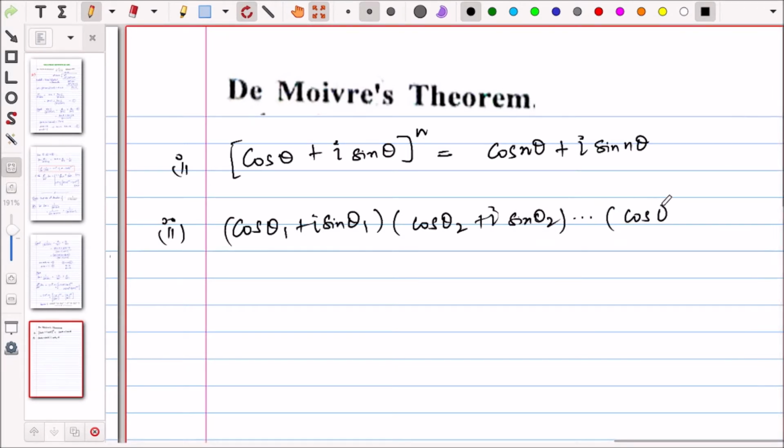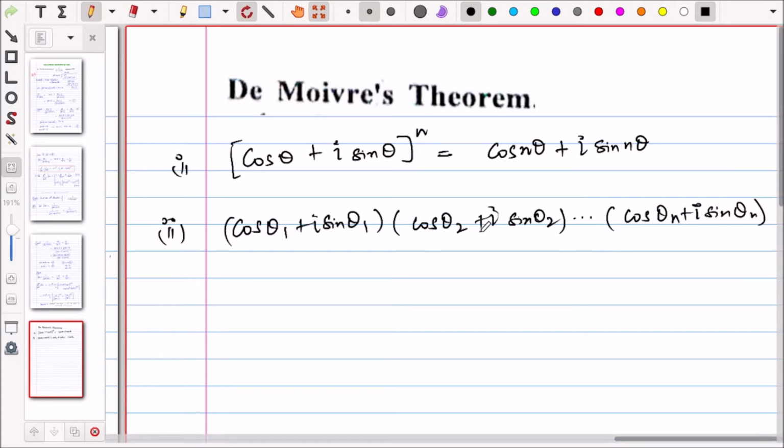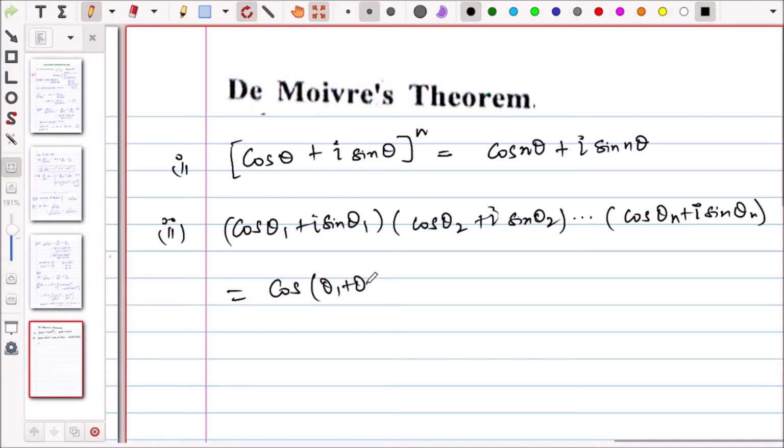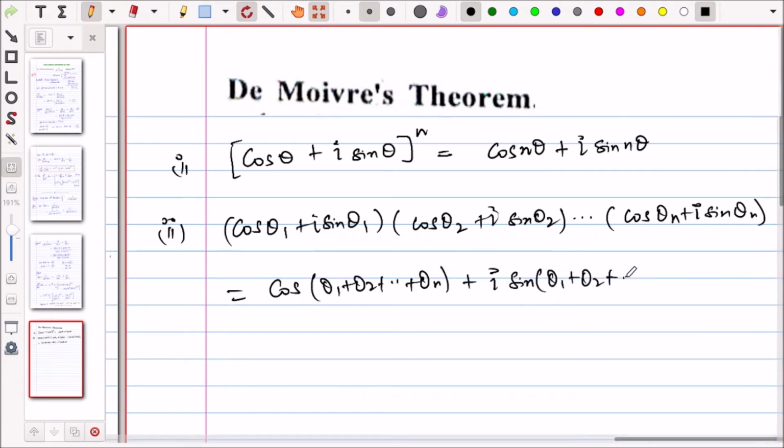If you are multiplying so many terms, this will be equal to cos (theta 1 plus theta 2 plus theta n) plus i sin (theta 1 plus theta 2 plus theta n). So you just need to simply add the arguments. This i is your iota, the imaginary term. Is it clear?